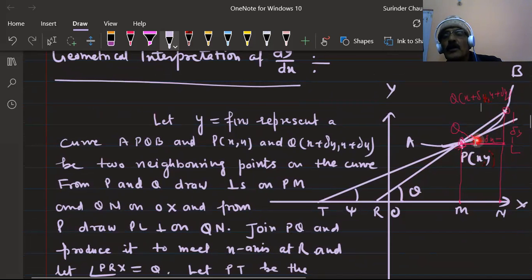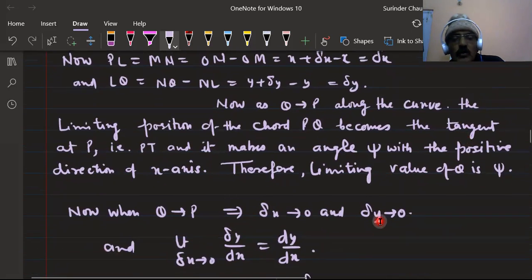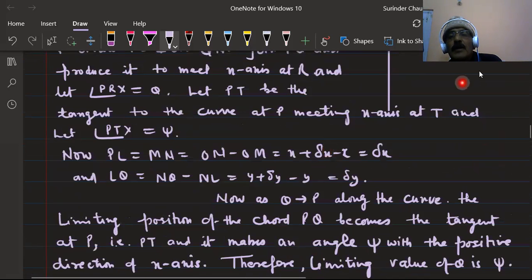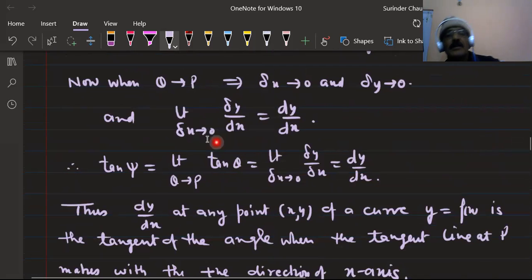As delta x tends to 0, or Q approaches P, this secant PQ will become the tangent PT, then theta will approach psi, meaning the secant will become the tangent at P. Now the limit of delta y upon delta x as delta x tends to 0 is dy upon dx, the definition of the differential.